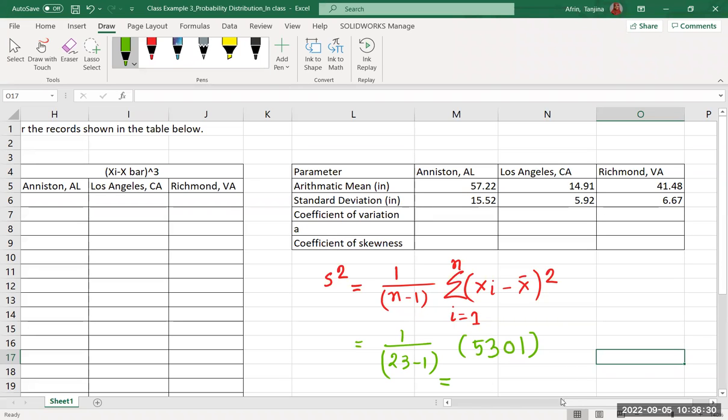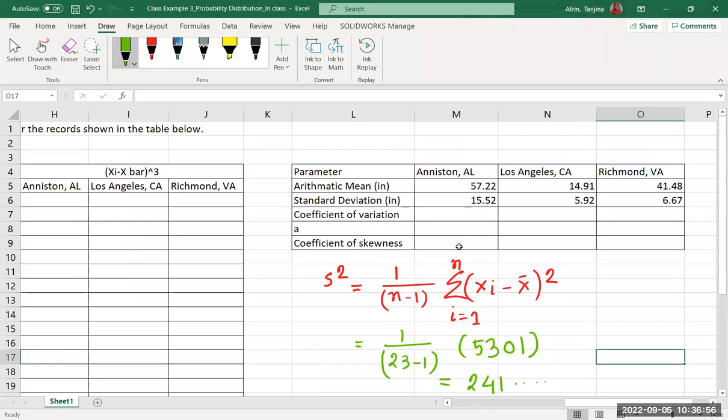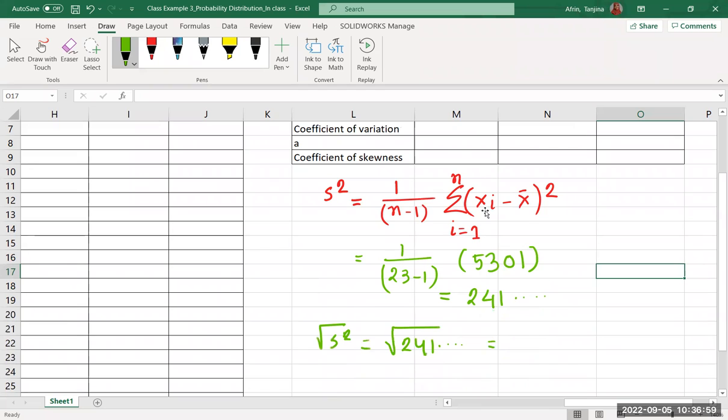Do that on Excel. Okay, something like that. Now, if you take the square root of that a square, 241, something like that, I think you will get 15.51 or 52.